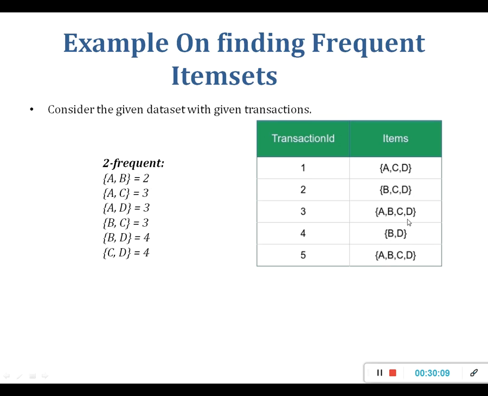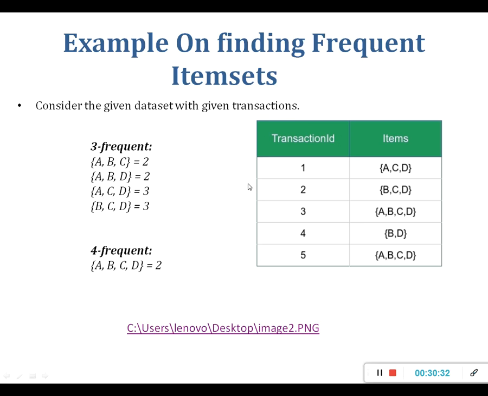What about AC? 1, 2 and 3 times. AD? 1, 2 and 3 times. BC? 1, 2, 3 times. BD? 1, 2, 3, 4 times. CD? 1, 2, 3, 4 times. In this way I have calculated the two frequent.